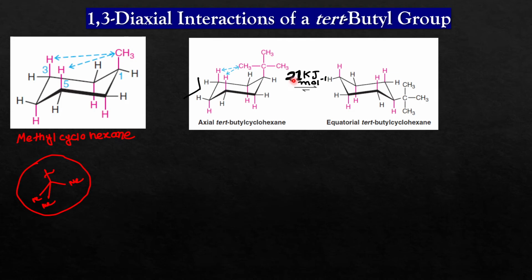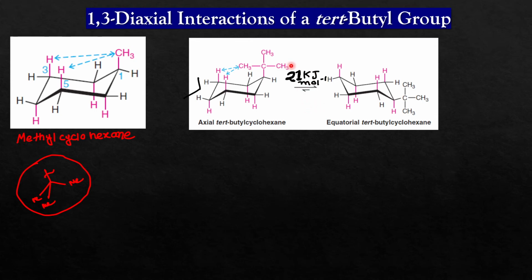However, one can ask that if this configuration is so unstable, then is it possible that we couldn't see any axial tert butyl cyclohexane, only the equatorial form? But the answer is no. Both axial as well as equatorial forms are present in the molecule.